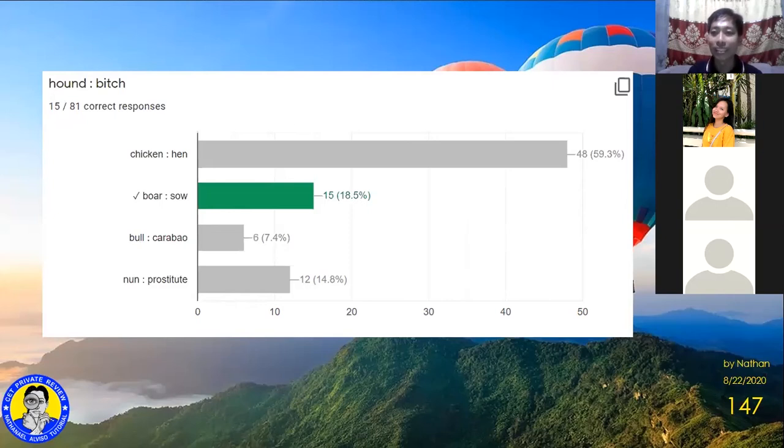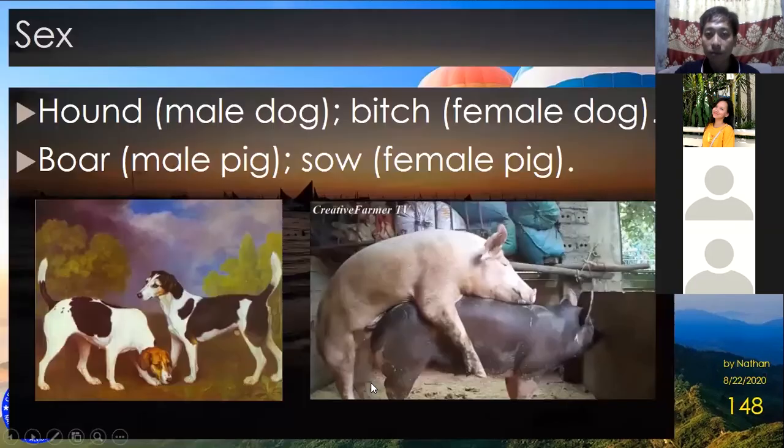I mean, what's the connection? Oh, because of the bitch. They thought probably it's prostitute. Okay. And then hound, I don't know how they connected it to none. But anyway, the correct answer is boar, which is the male pig, and sow, which is the female pig.